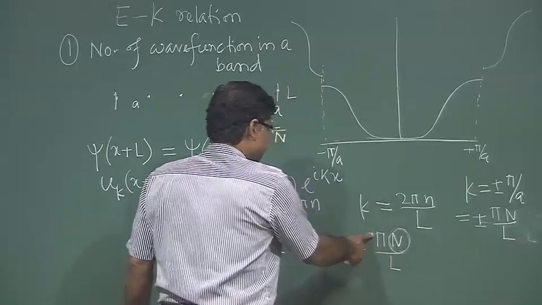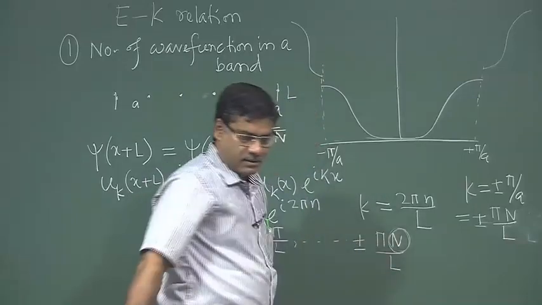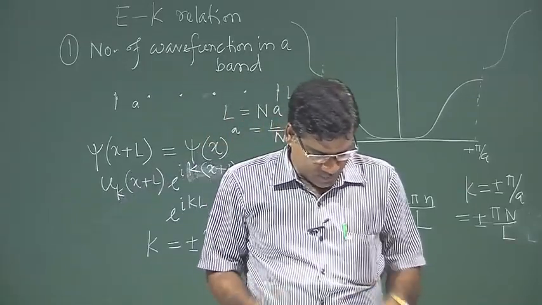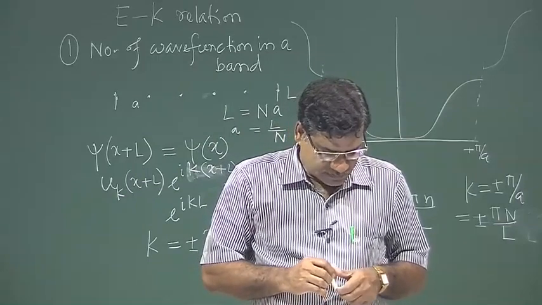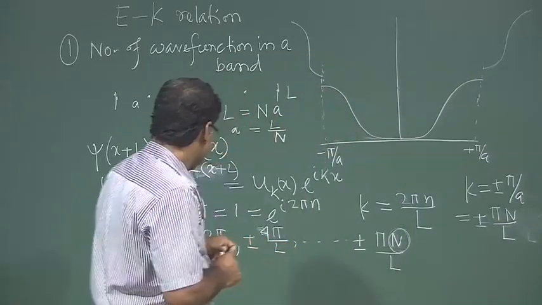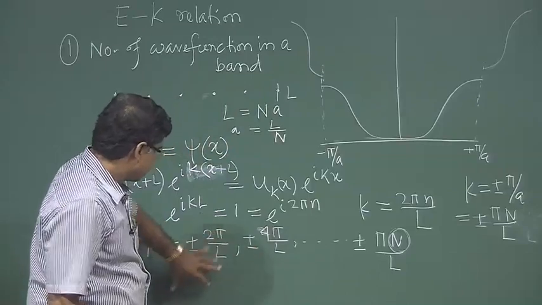So, 2 pi n by 2 by L, I think that is the... plus minus.